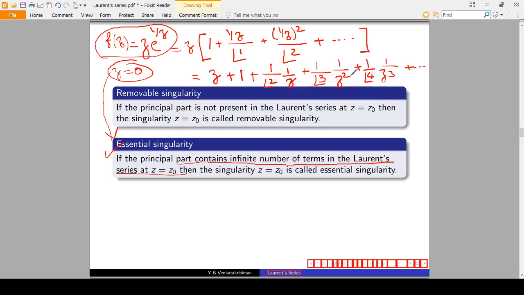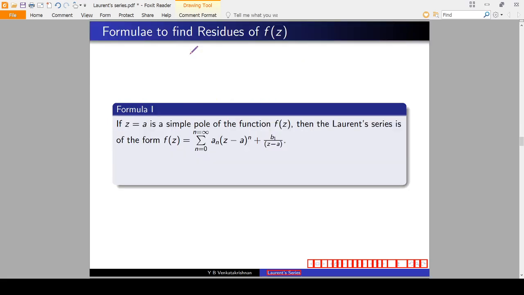And if the Laurent series expansion contains an infinite number of terms of the form 1 by z minus a, then that singularity z is equal to a is called an essential singularity. And for this function f of z is equal to z e power 1 by z, this has an essential singularity at z is equal to 0.